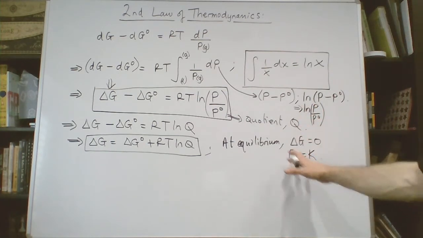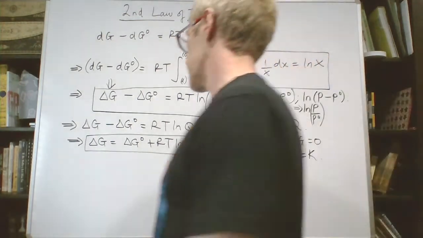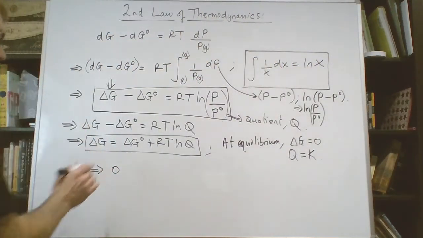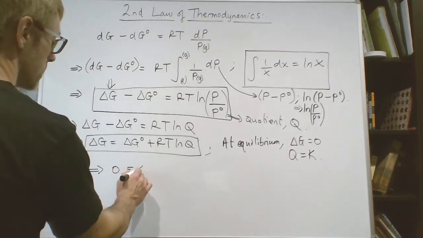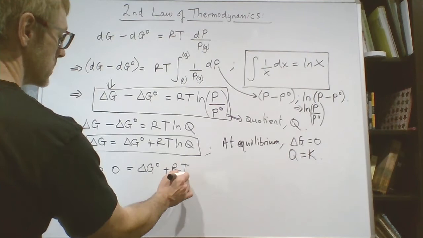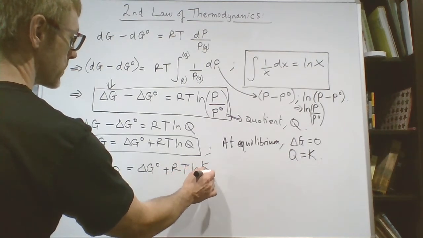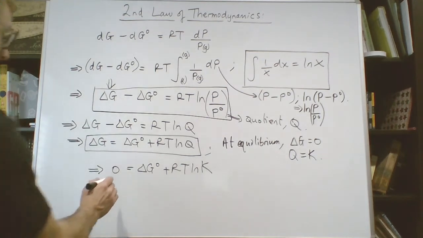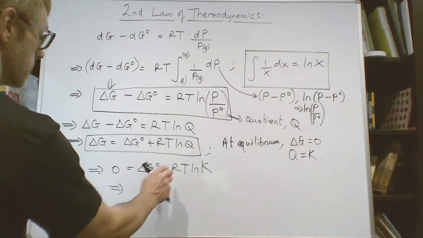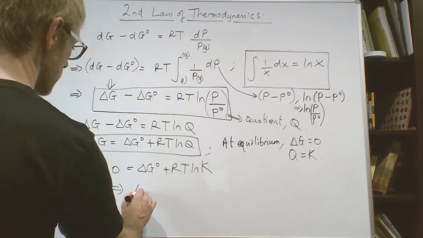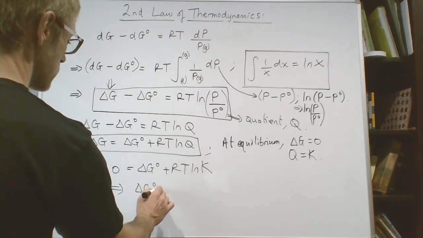So with this fact, we can now rewrite this fundamental equation. So we've got 0, because delta G is 0, is delta G standard plus RT log K, because Q is now equal to K. So we can rephrase this by taking all of this material over to the 0 side, and we can solve for delta G standard.